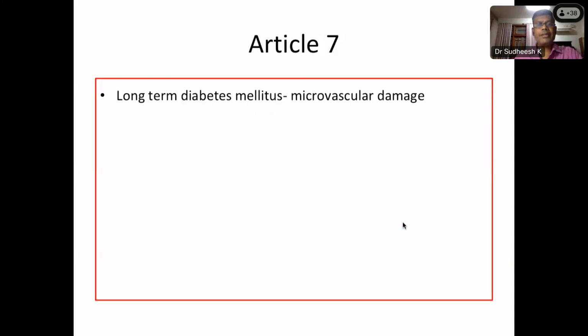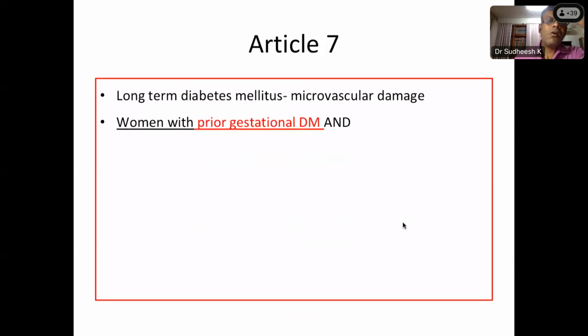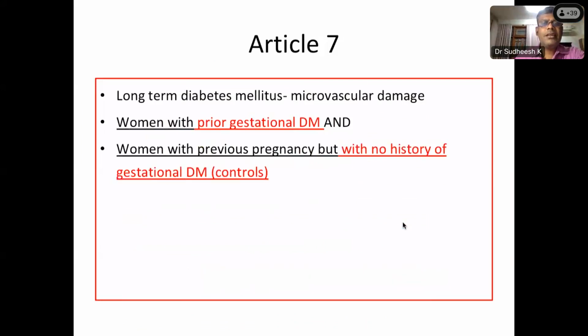Its example is studying the long-term effects of diabetes mellitus on microvascular damage. The author selected women with prior gestational diabetes mellitus, and women with a previous pregnancy with no history of gestational diabetes.